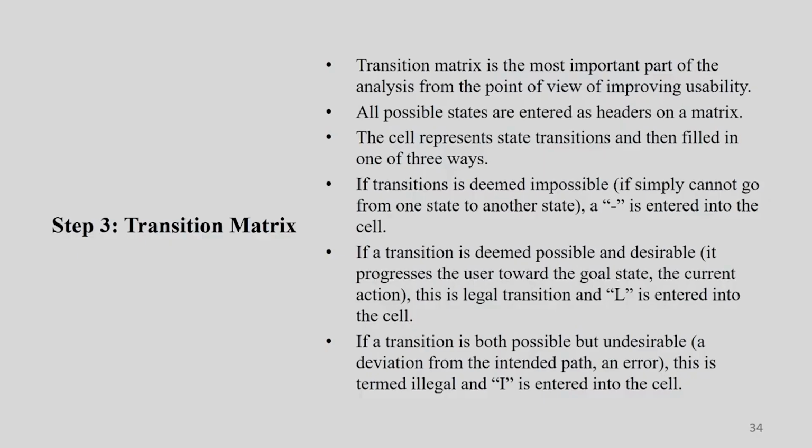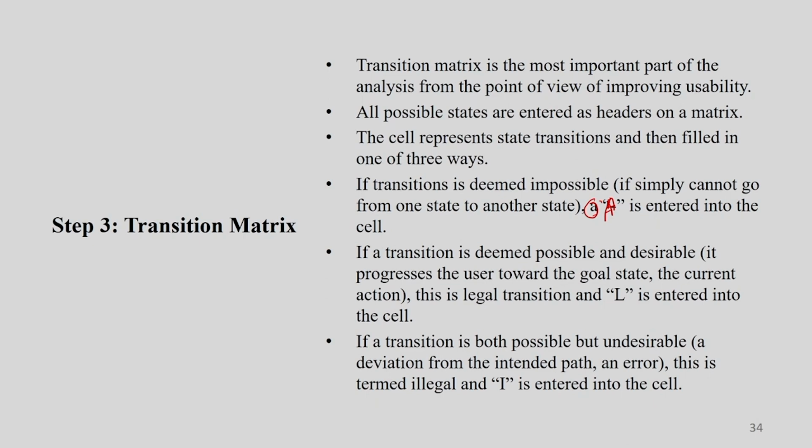So, all possible states are entered as headers on the matrix, and the cells represent the state transitions and are then filled in one of 3 ways, okay. First one, here I do just a little correction, this A should be capital and it should come here like this, okay. So, if the transition is deemed just impossible, you term it as A, entered into that particular cell.